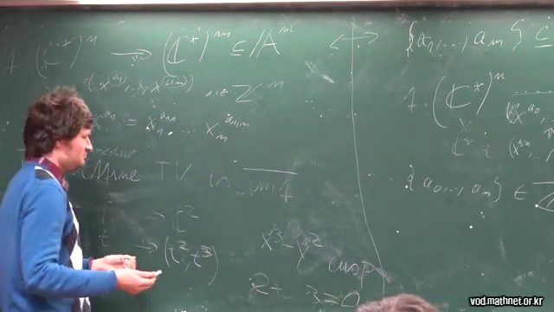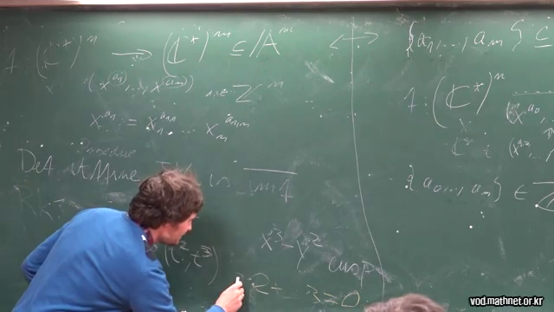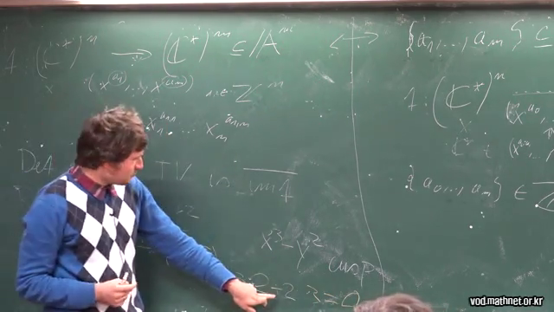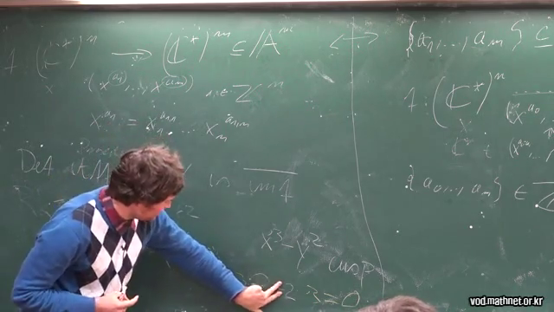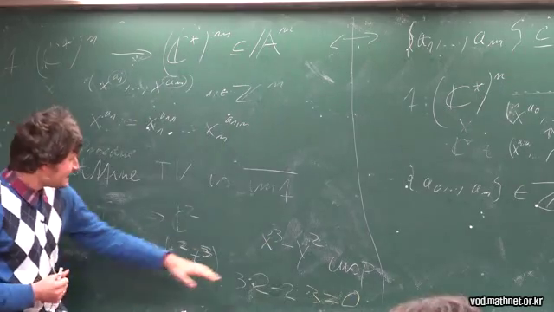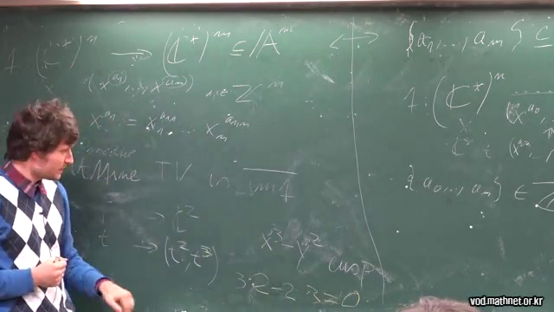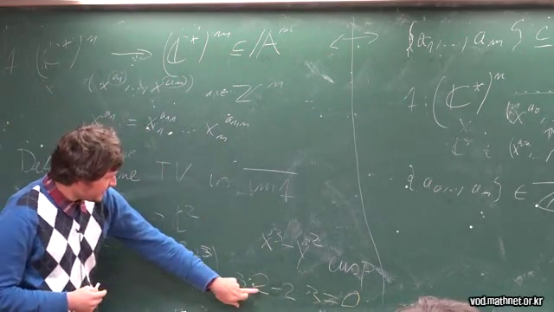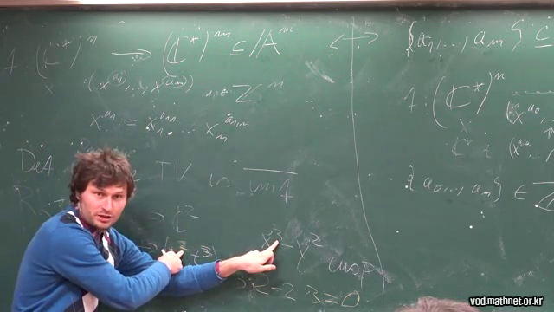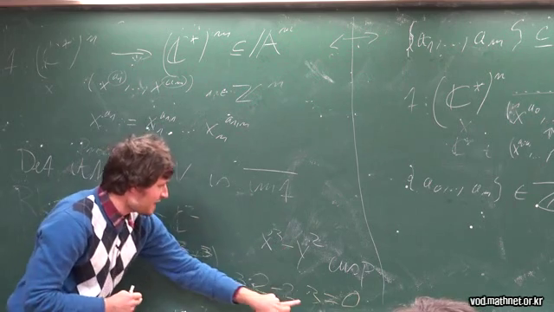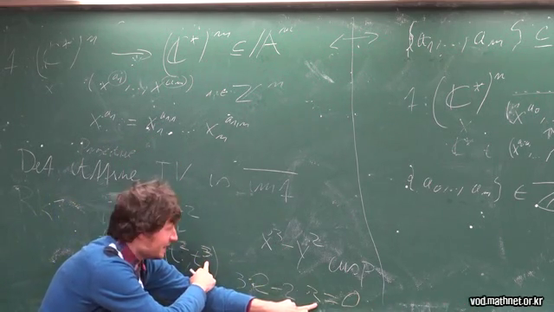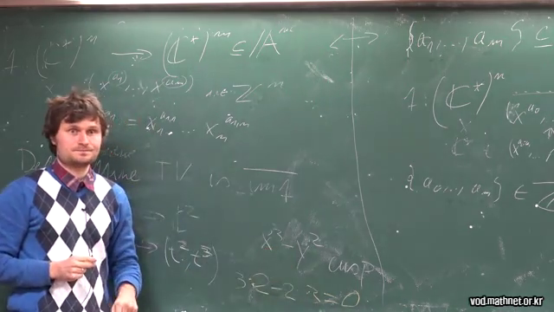Well, if you take a second, you will see that there is this relation: 3 times 2, well, let's put it minus, minus 2 times 3 is equal to 0. And this is exactly this equation. It tells you, take the thing corresponding to the first coordinate to the third power and subtract the thing corresponding to the second coordinate to the second power.